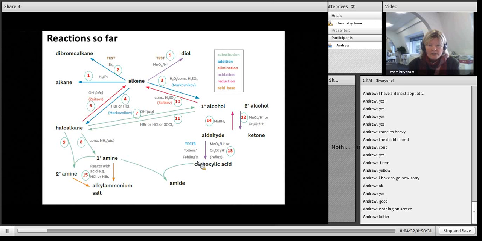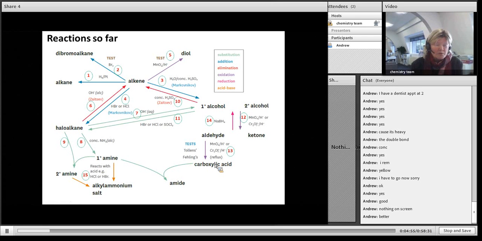And the other tests you could use is the dichromate changing color. The alcohol can change the color of dichromate to form an aldehyde or a ketone, depending on what we've got, or an aldehyde can change the color of dichromate to change it from that orange dichromate to green chromium when it forms a carboxylic acid.